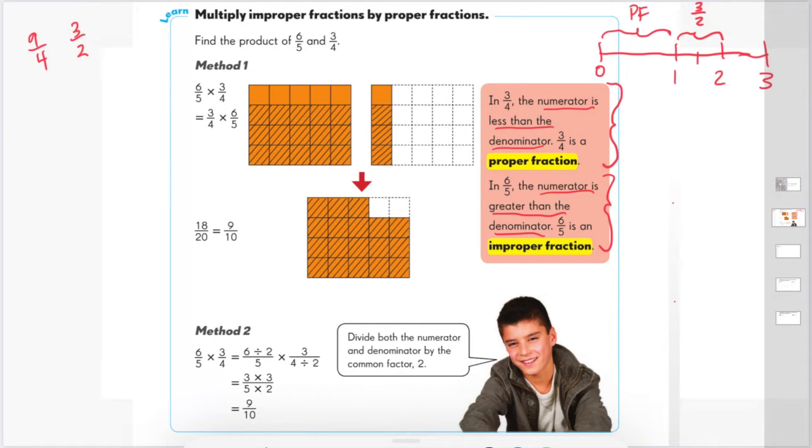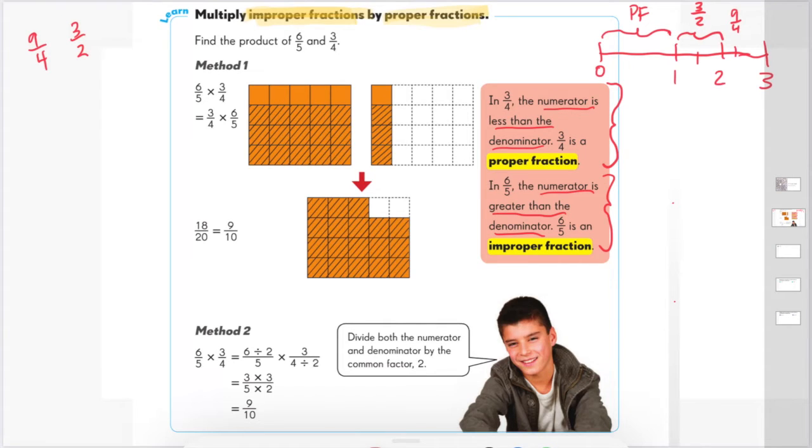We could have 9/4, which would be 2 and 1/4. So those are improper fractions. Today's lesson, we're going to focus on multiplying improper fractions, or fractions greater than 1, by proper fractions.